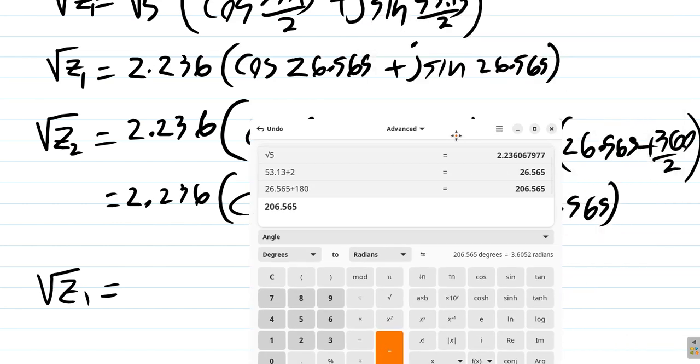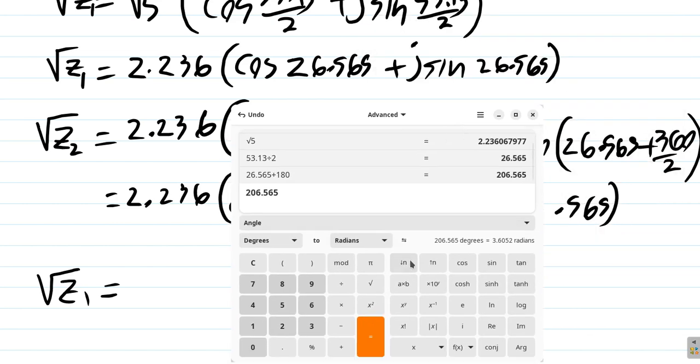We're going to have Z1. Let's clear the calculator screen. 2.236 times, this is in degrees, right? The cosine of 26.565 equals 2, all right?